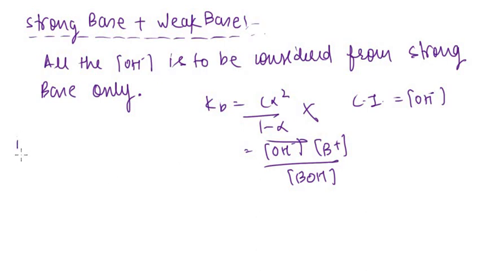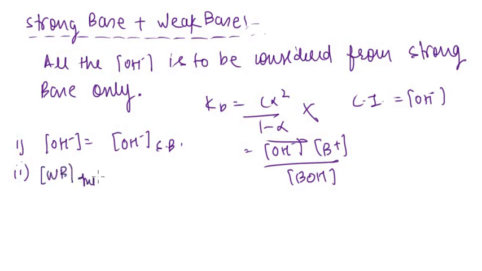So what are the four assumptions that we take? First, that OH minus is coming only from the OH negative of the strong base. Second assumption, the weak base, how much was initial? Due to the common ion effect, we will think that it has not been converted into ion, so the concentration of weak base will remain the same.